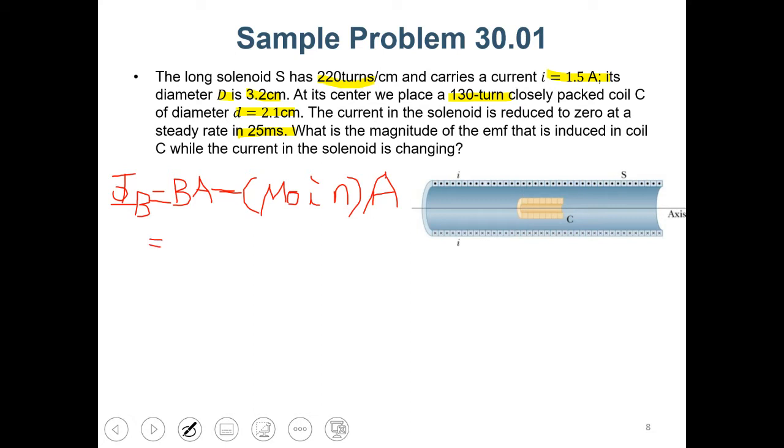So mu 0 is nothing but 4 pi times 10 to minus 7.